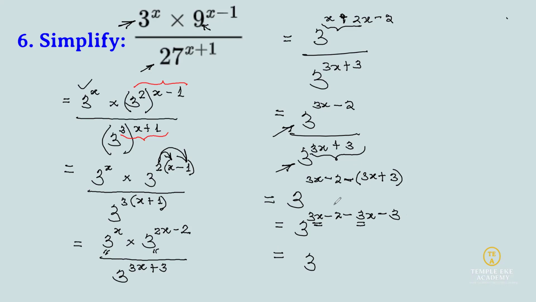You can see that, minus 2, minus 3, and that gives us minus 5. Now let us finish it off in this area. 3 to the power negative 5, this is our mobility rule. The minus being in the power requires us to relocate into the denominator area. So we're going to have 1 over 3 to the power, no more minus around the 5, just 5. 1 over 3 to the power 5.